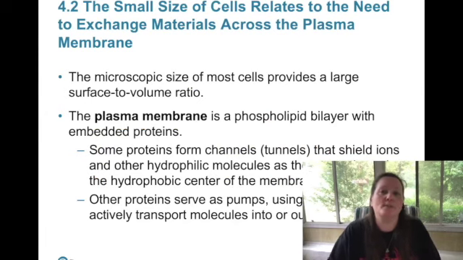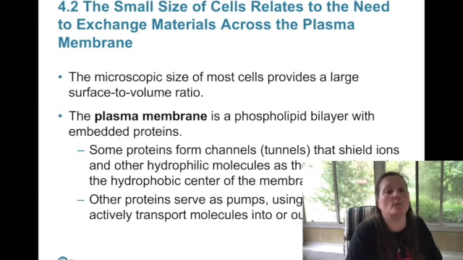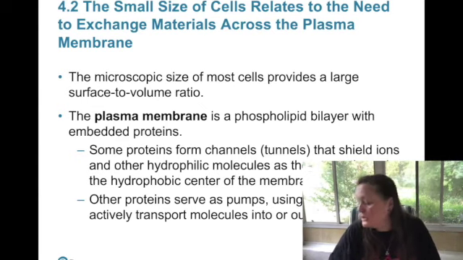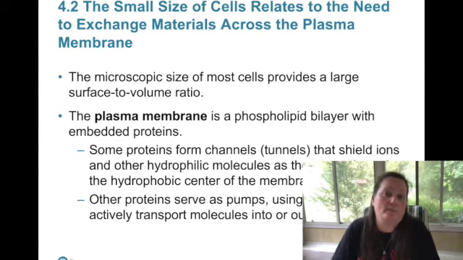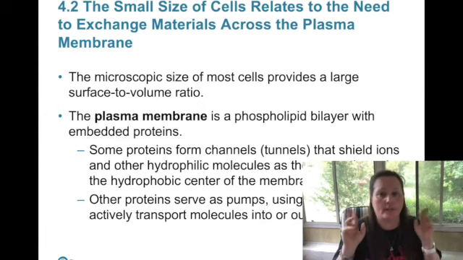Microscopic size of most cells provides a large surface to volume ratio. The plasma membrane, which is on the outer side, is a phospholipid bilayer with embedded proteins. We talked last time about the phospholipid bilayer. If you remember, hydrophilic heads, hydrophobic tails.